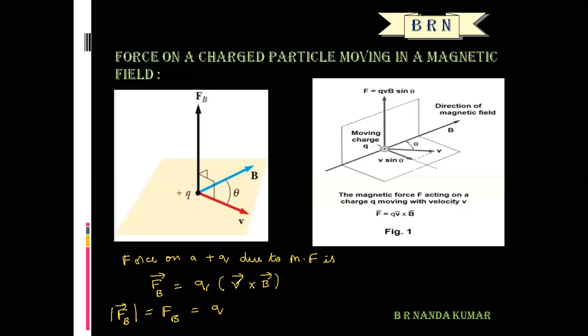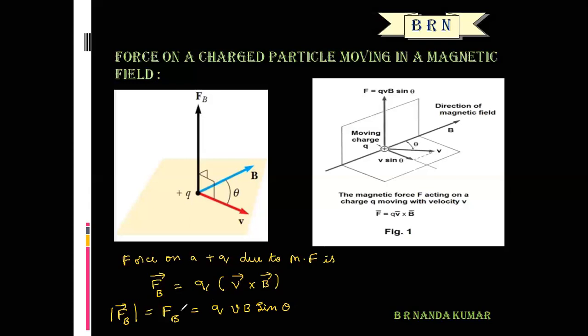The magnitude of the cross product of two vectors is V B sin theta. The cross product of two vectors is a vector. Its magnitude is given by the product of the magnitudes of the two vectors and the sine of the smaller angle in between them, that means in between V vector and B vector.